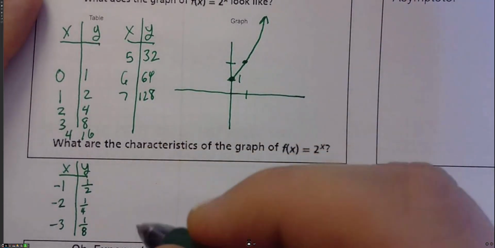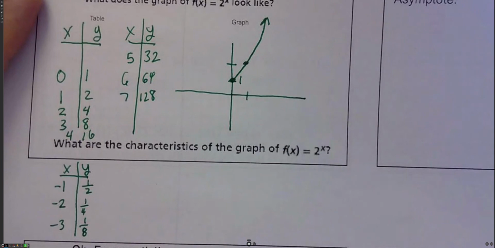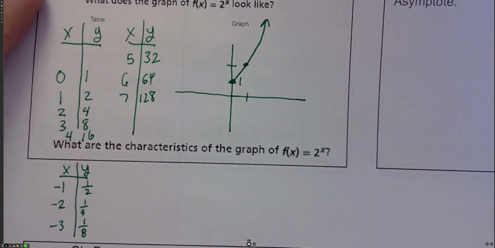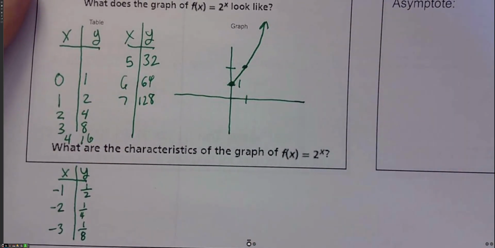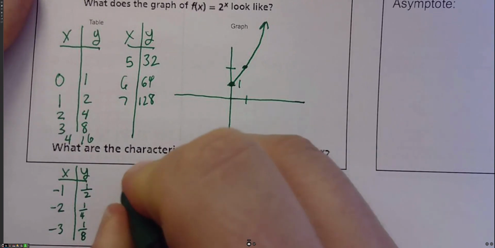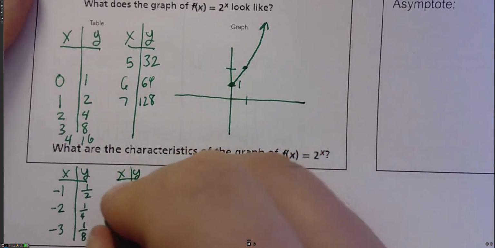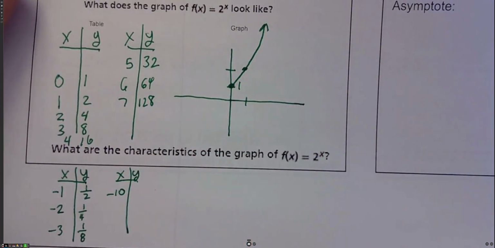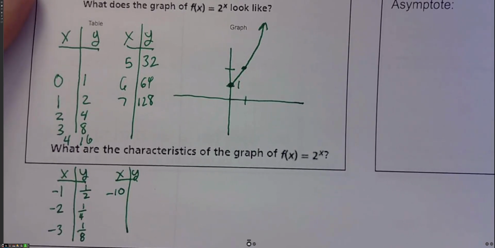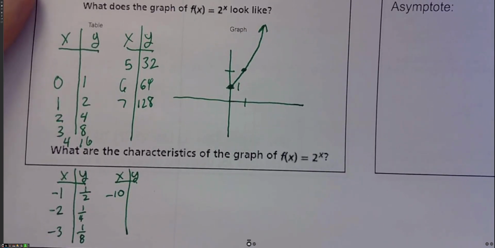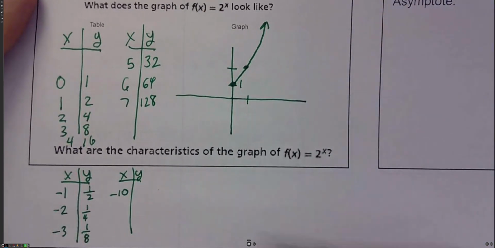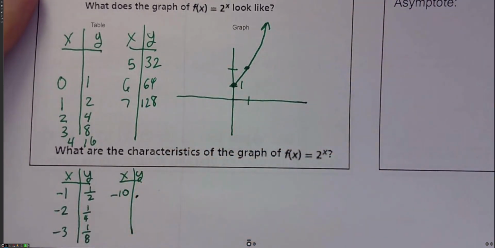Someone who has a calculator handy, what does -10 give us? 1 over 1,000. Give it to me as a decimal.